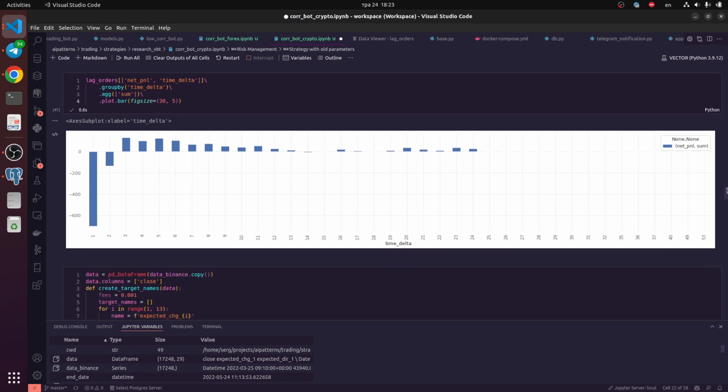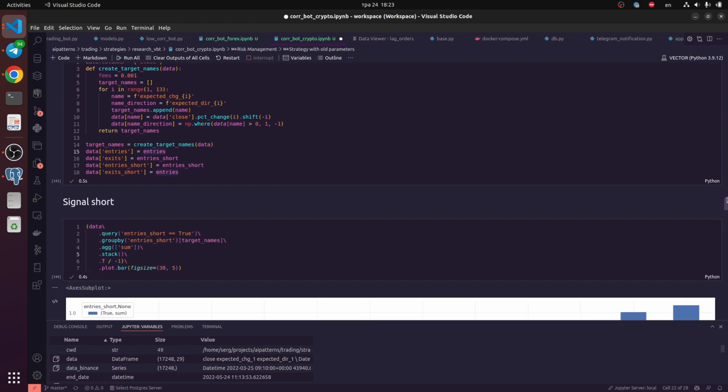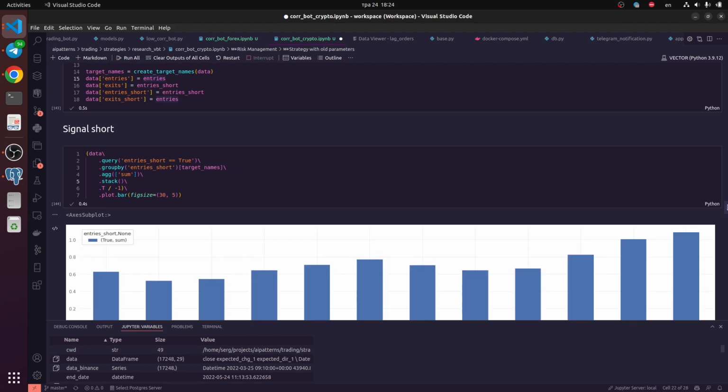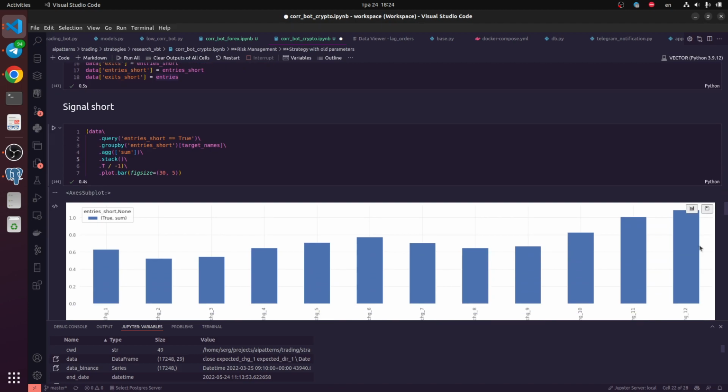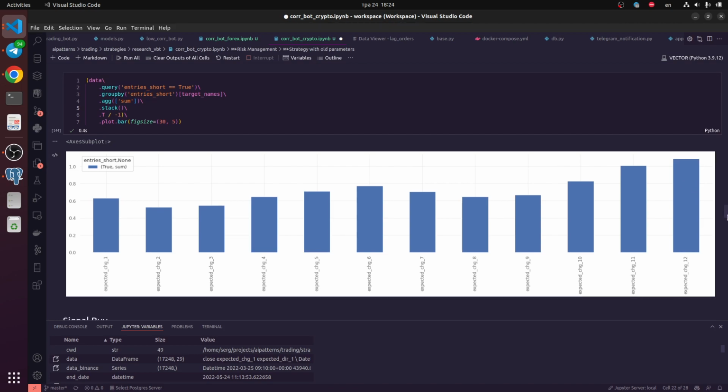research more deeply using this signal, we split our signal into signal short and signal buy, and for each signal we have different results for holding a position. For example, for signal short the best parameter to hold a position is 12 bars, it means 1 hour for 5 minutes.